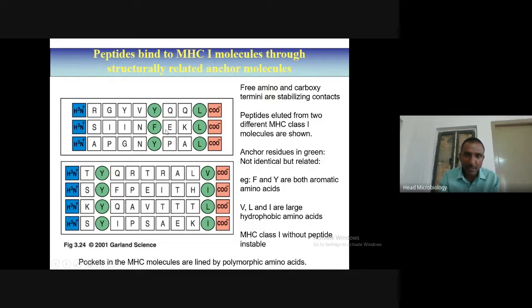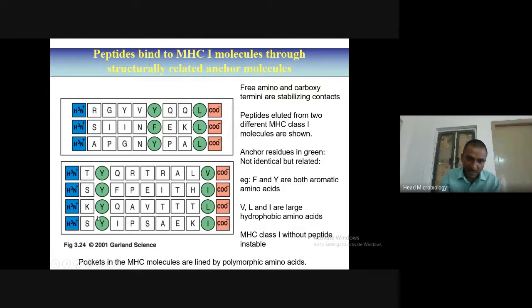Here we are collecting different peptides bound to histocompatibility molecules, which are structurally related to anchor molecules. Here is the free amino acid carboxyl terminal, with stability contacts. Here, different gene sequence structures and peptide bonds are there, but there are no similarities in any groups or areas.